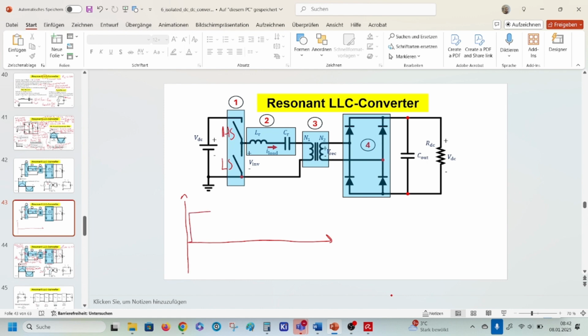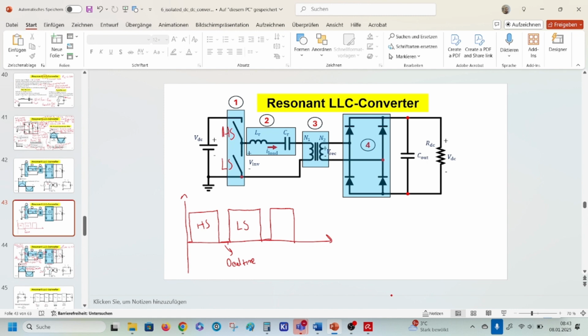Turn on the high side switch, and then turn it off and turn on the low side switch with a fixed dead time. This is dead time.